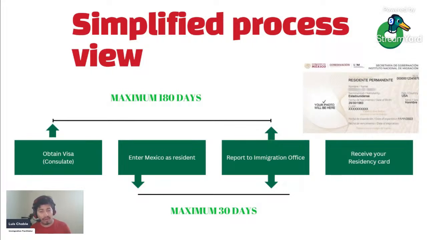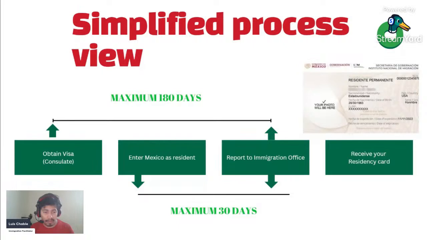When you enter my country, it's different. When you enter my country as a resident, you have 30 days to report to the Mexican office. Obtain your visa at the consulate, report to the immigration office, because in the immigration office you receive your resident card.